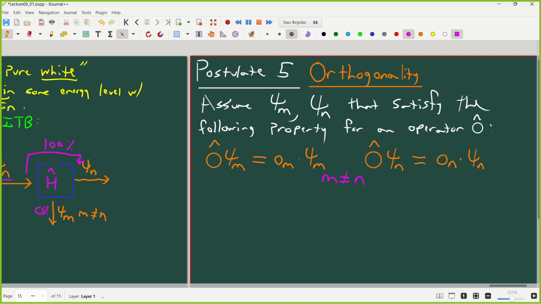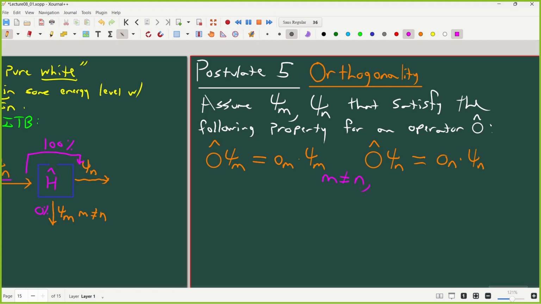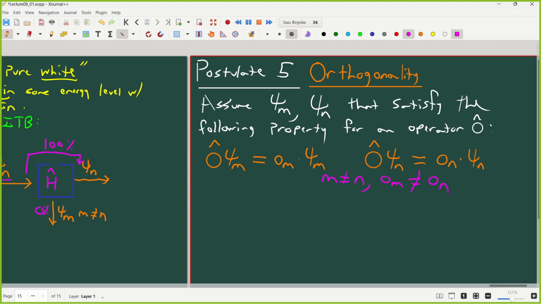Okay. All right, so we have two vectors, two states that represent our system. You can think of m being white and n being black, for instance. We have the white and the black, and they give +1 and -1 as their eigenvalues. So if this is true, we're also going to assume that the eigenvalues are different as well.